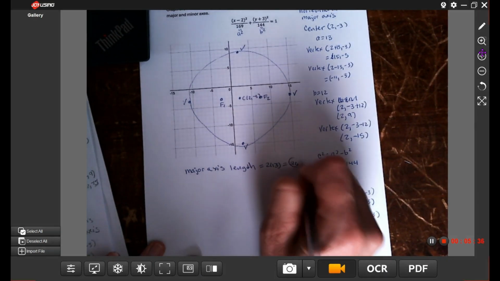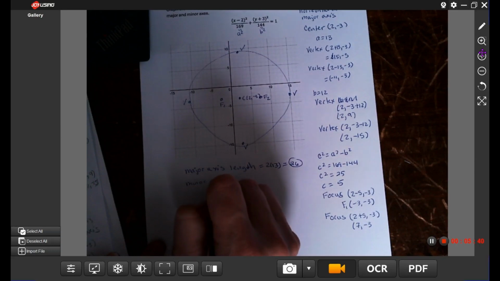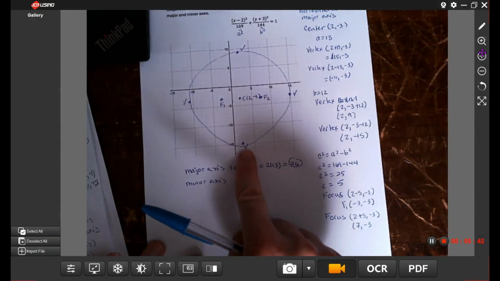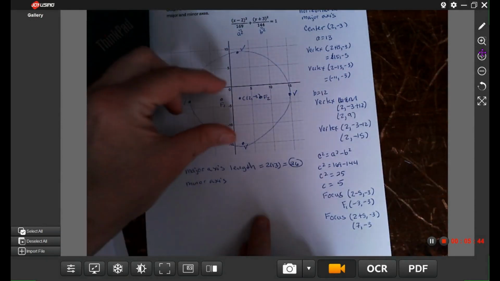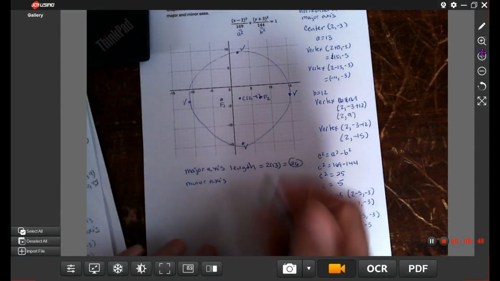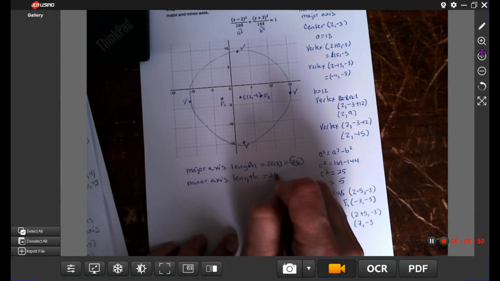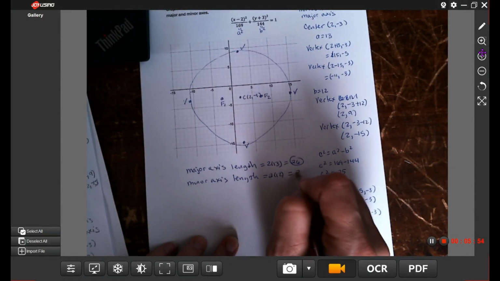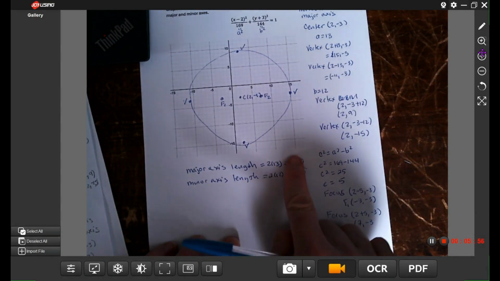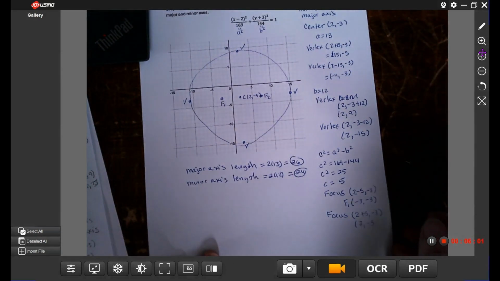So 26. And the minor axis, so that's the vertical axis, is going to be twice this distance, and that was b, which was 12. So the length is going to be twice 12, so 24. So you can see that they're very similar, which is why it looks almost like a circle.